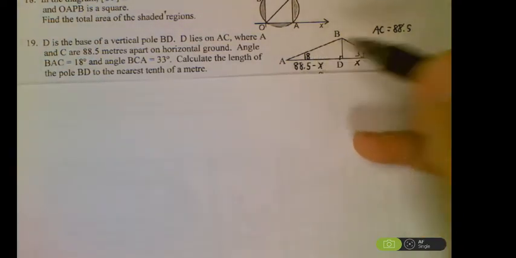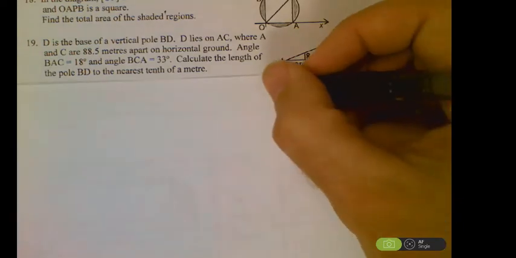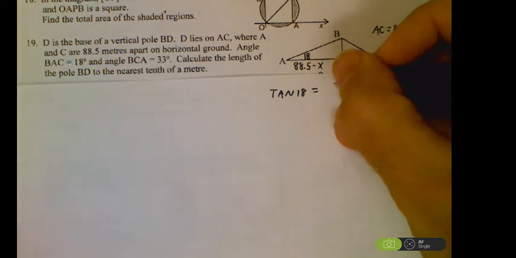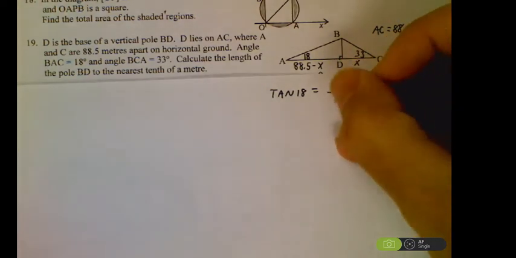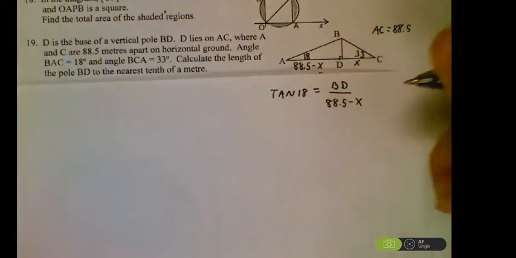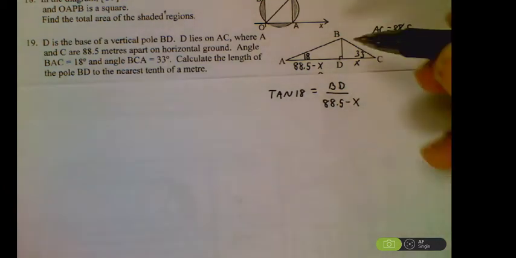Let me start with angle A. So remember, we're solving for BD, so we want to include him. From here, he is the opposite leg. That's the adjacent leg. So if we say tangent of 18 equals the opposite over the adjacent, then if I multiply this over to the left, I have a function for BD.